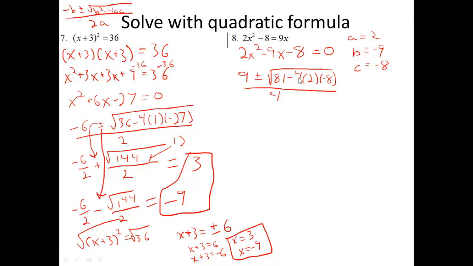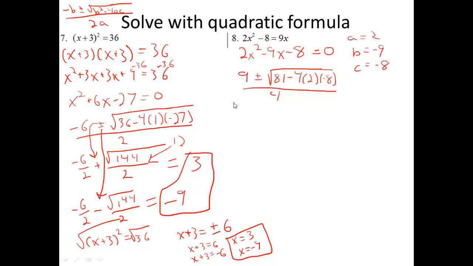So when we have 4 times 2 times negative 8, that's going to be a negative 64. So 81 minus a negative 64 equals 145.